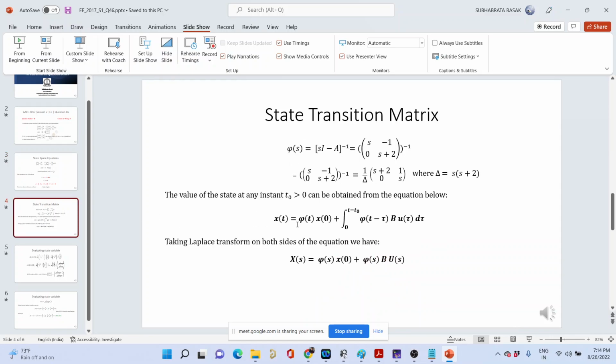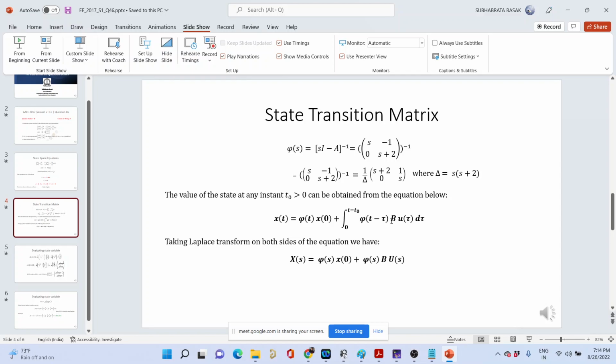Are you getting my point, Anubhav? So this term is for the initial condition. And how am I getting this term? This term is due to the input that you are giving. In solving differential equations, you would have found that there is one general solution and another, the particular integral. You have read about particular integral and how to solve it. There are various methods to solve them.